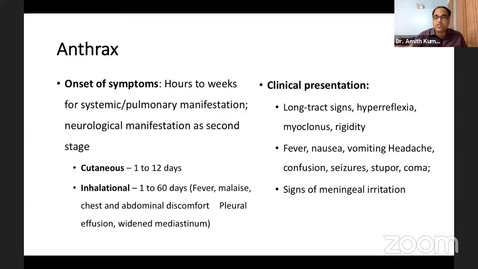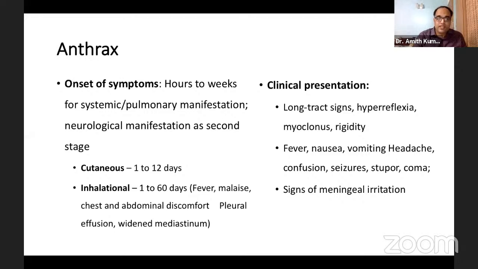The clinical presentation includes long tract signs, hyperreflexia, myoclonus, and rigidity. Patients present with all signs of meningitis or meningeal irritation: fever, nausea, vomiting, headache, confusion, seizure, stupor, and coma. We describe the autopsy finding as a cardinal's cap. That means when we open up, we see absolutely hemorrhagic meninges covering the brain.